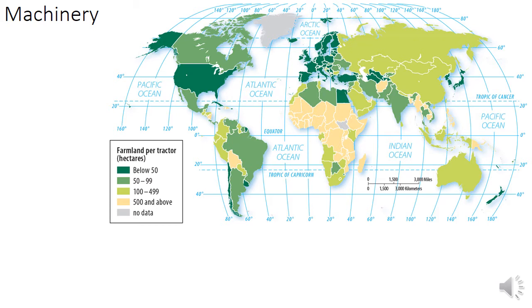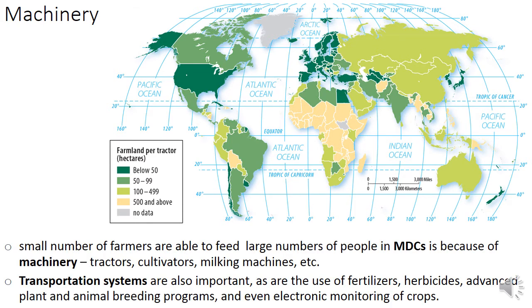The areas that have the least amount of farmland per tractor, for example, on this slide, are going to be the places on the previous slide where we saw the most amount of population involved in agriculture.